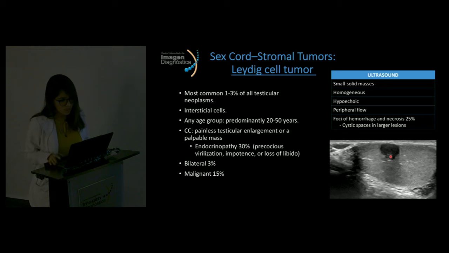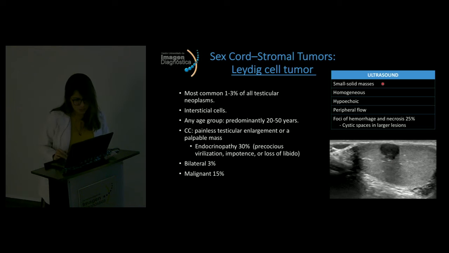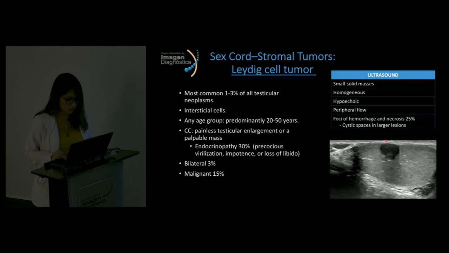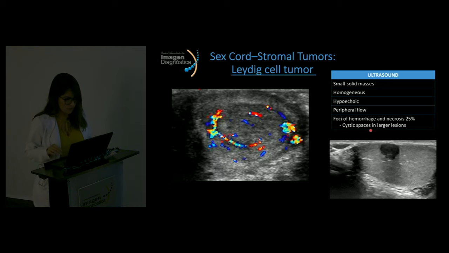And so the typical characteristic of this tumor by ultrasound will be, just as in this example, a small solid, homogeneous, hypoechoic mass with peripheral flow. They can also have foci of hemorrhage and necrosis in up to 20% of the cases, having cystic spaces: the bigger the lesion, the bigger the cystic spaces in these patients.